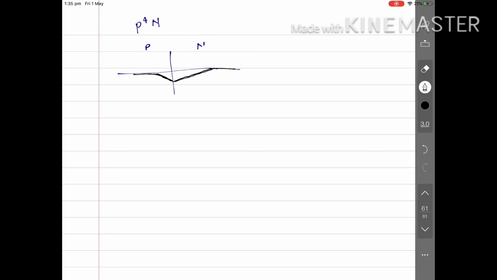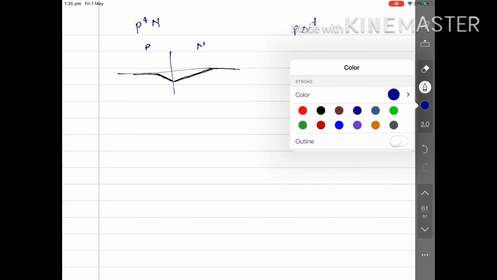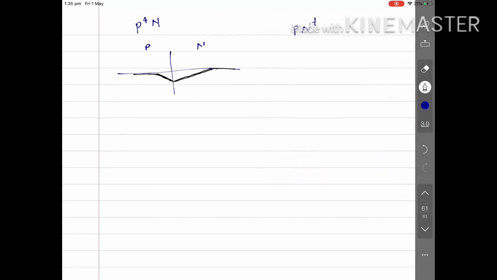Right? So in the case of p n plus, just the opposite, the graph would be something like this. Here n plus means doping is higher toward the n side, so the width would be lesser toward the n side, and on the p side the depletion width would be a little bit higher because the doping is less.